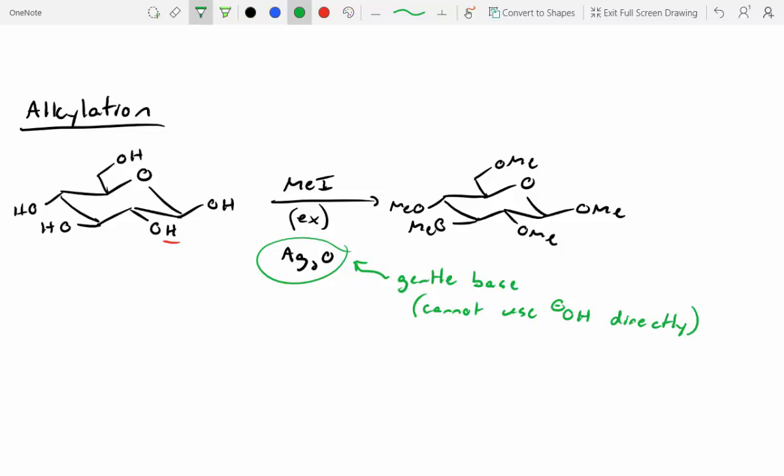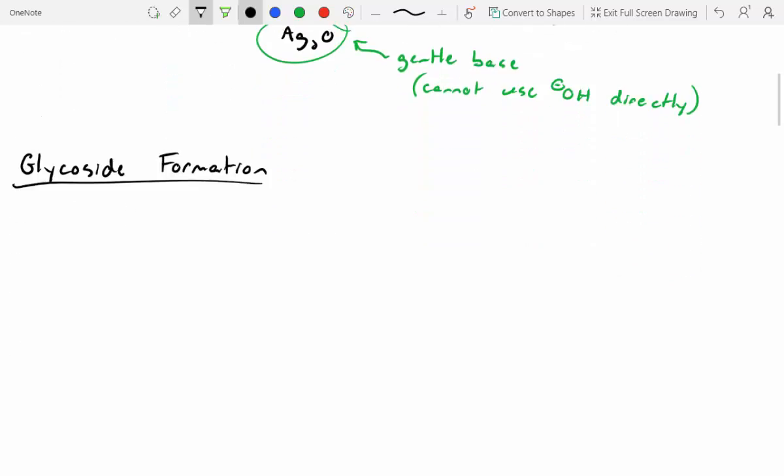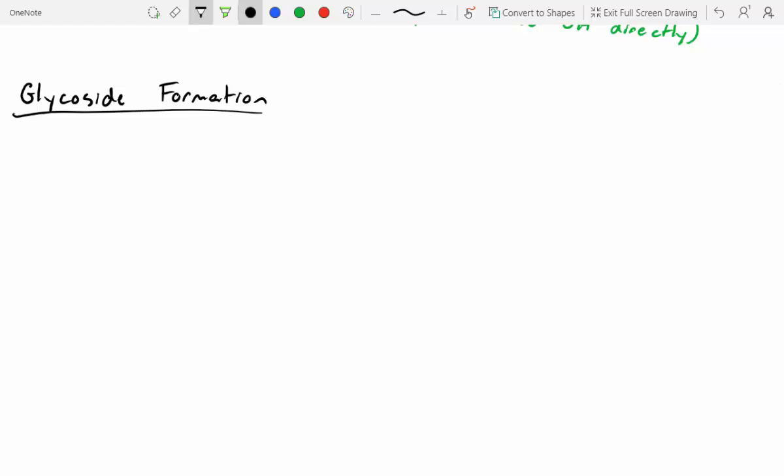All right. There's one more reaction I wanted to end on today, and this involves formation of what's called a glycoside. With the glycoside, you don't react at all of the alcohols. You only react at the alcohol coming off the anomeric carbon.